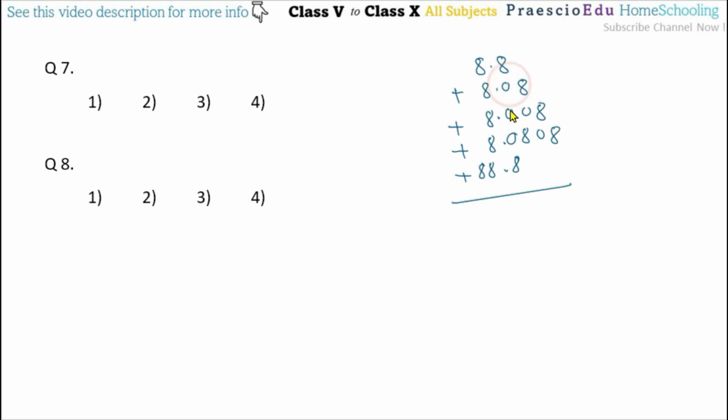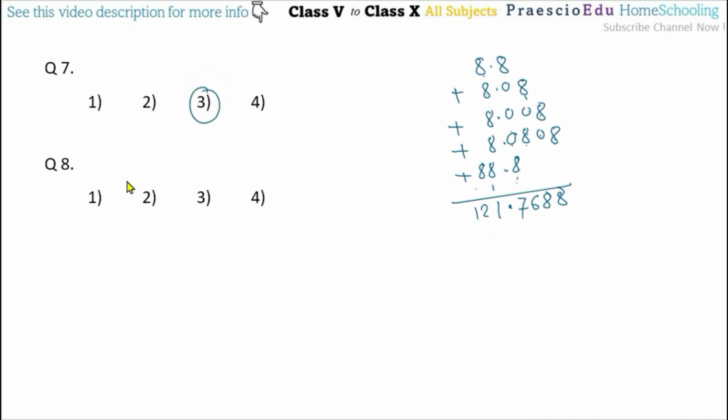This is at the tenths, this is at the hundredths, this is at the thousandths, and this is at the ten-thousandths. So in the ten-thousandths place, only 8. Now here 8 plus 0 is 8, then 8 plus 8 is 16, so 1 carry here, 8 plus 8 is 16 plus 1 is 17, 1 carry, and the decimal point as it is. Now 1, 2, 3, 4, 5, the sum is 40 plus 1 is 41, 4 carry here, 4 plus 8 is 12, so 121.7688. This is given in option number 3.